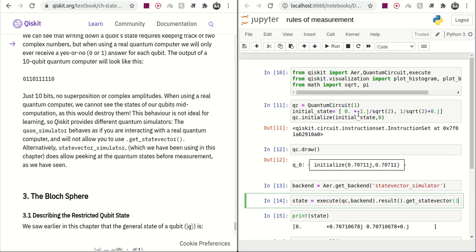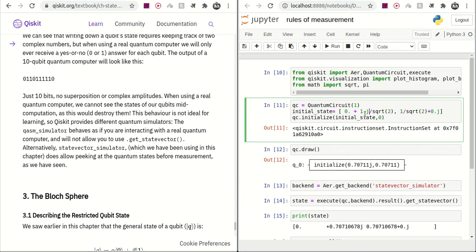So let's change it a bit. I think this will be okay: 1 by square root 2, 1 upon square root 2, plus 0 j.